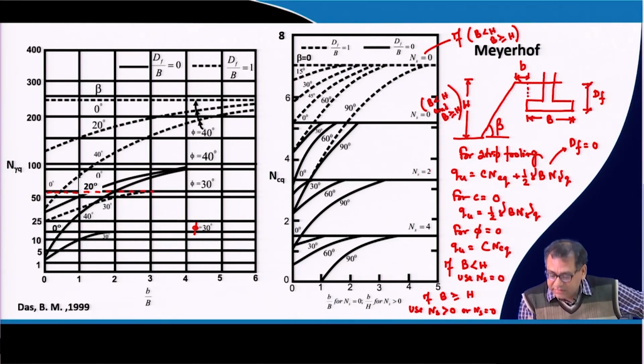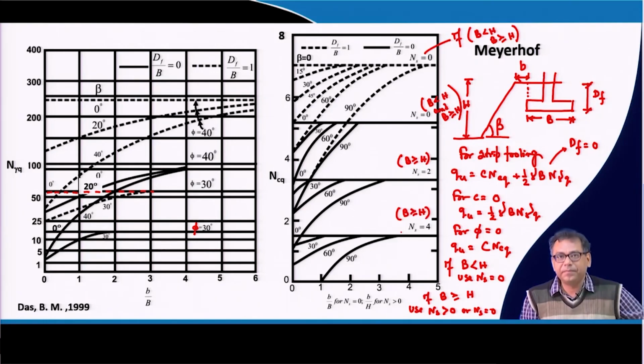But n equal to 2 and n equal to 4 you cannot use if b is less than equal to h. So, this is only applicable if b is greater than equal to h. Clear? So, that means you just understand this condition.